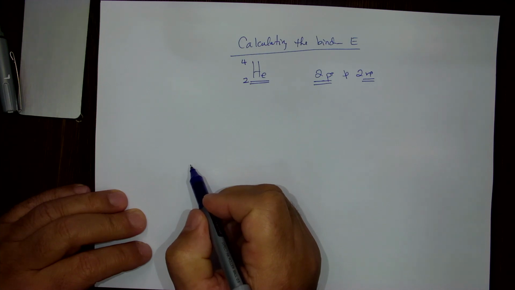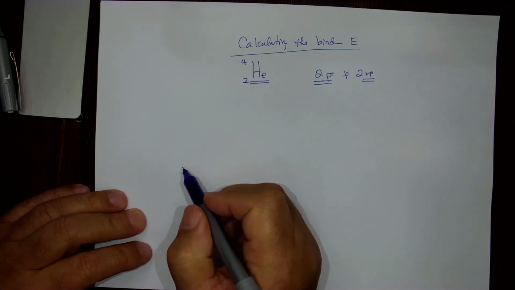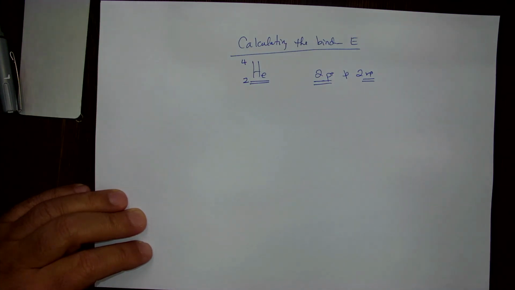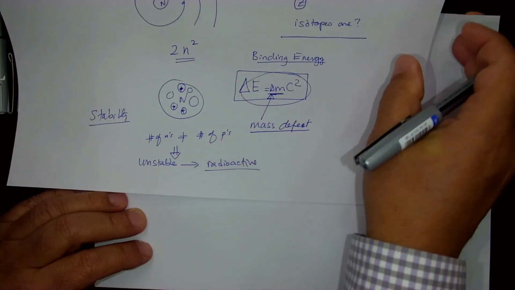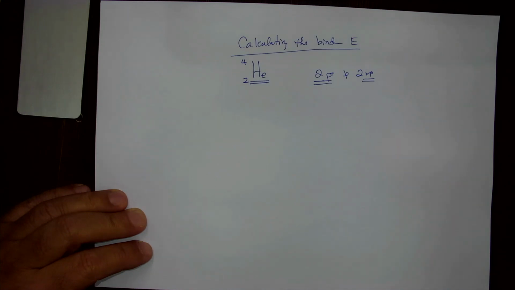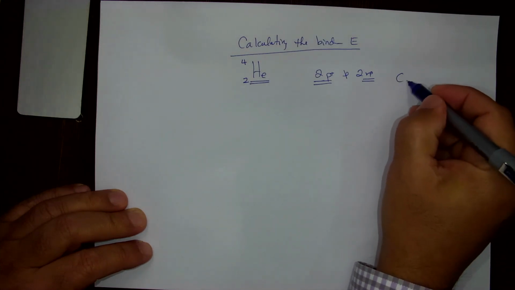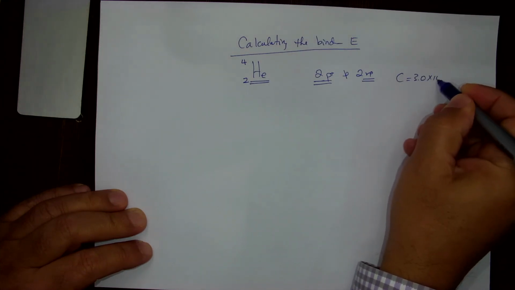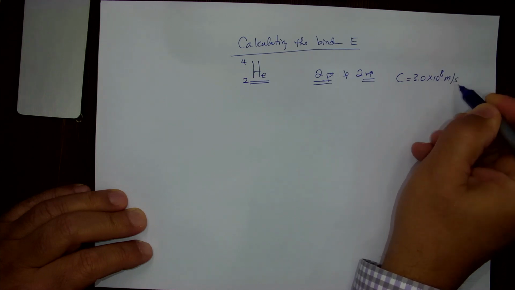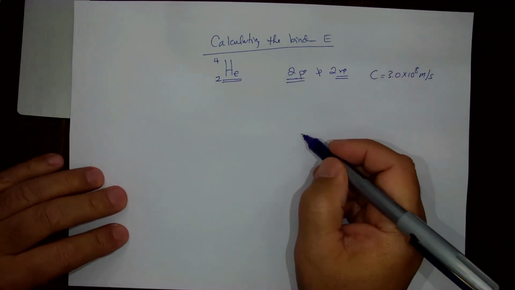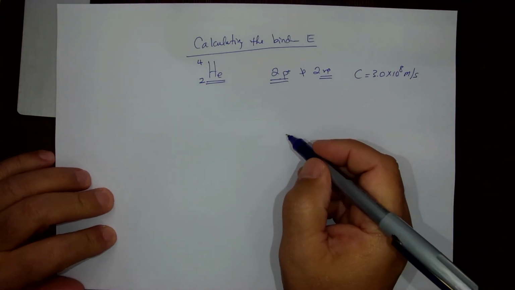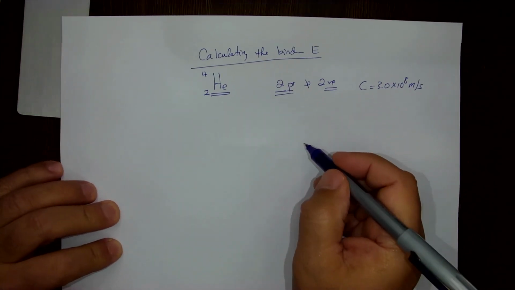So what is the binding energy? It is equal to delta m, the mass defect, multiplied by c squared. C squared is simply the speed of light squared, where c is equal to 3 times 10 to the power of 8 meters per second. That's easy, and we know that.